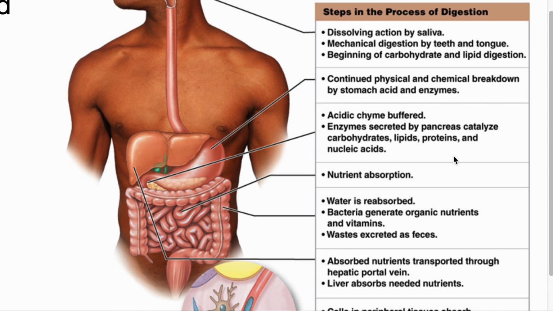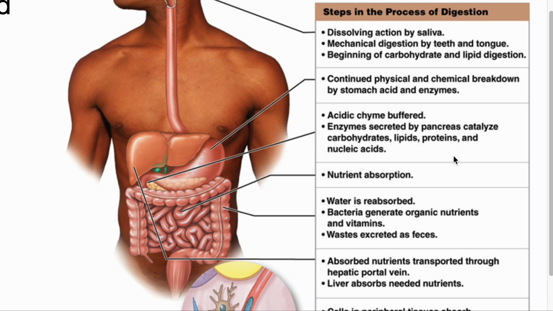Some food particles can be dissolved if they're water soluble by being exposed to saliva, but we're also going to have mechanical digestion by the teeth and the tongue. And then also we are going to have some enzymes in the mouth, like amylase, but also lingual lipase, for example, that will begin the process of breaking down carbohydrates and lipids. It's certainly not completed in the mouth, but the process starts there.